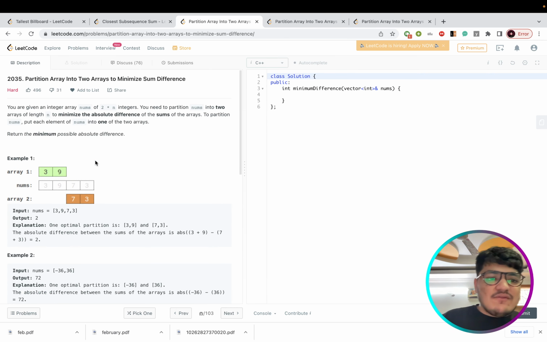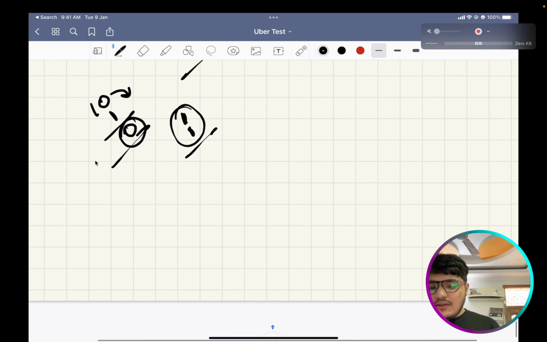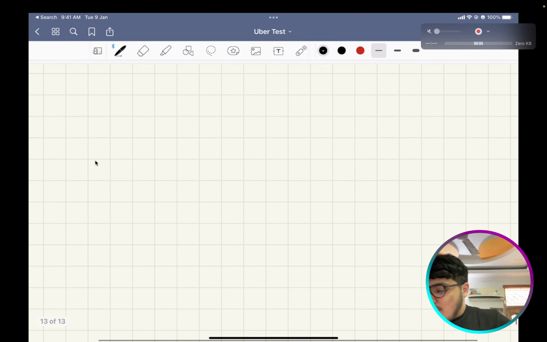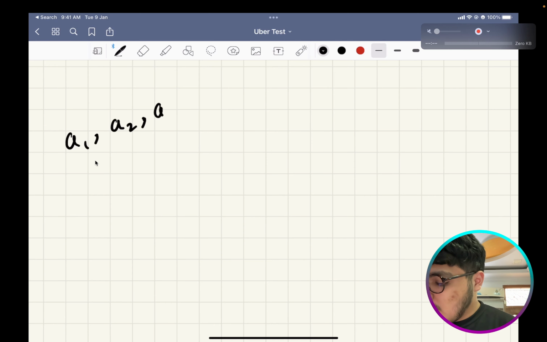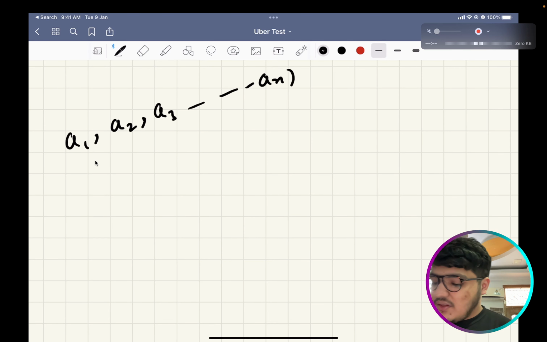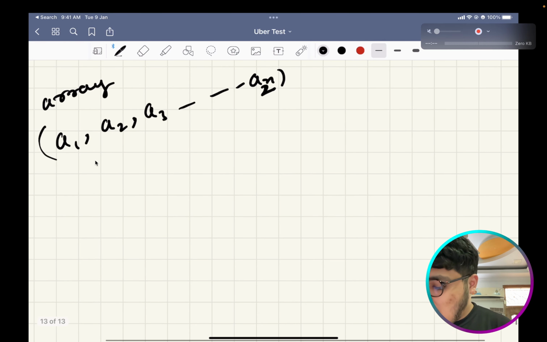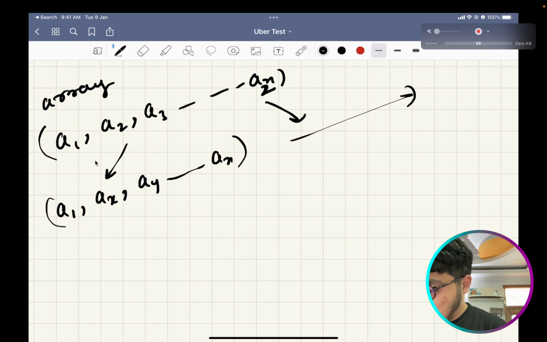So one way that would come into your mind, let me tell you the normal way, the brute force way. Let's say you are given this array of size 2n, and you choose some elements, let's say ax, ay, and so on, up to n of them, and the rest you want here.